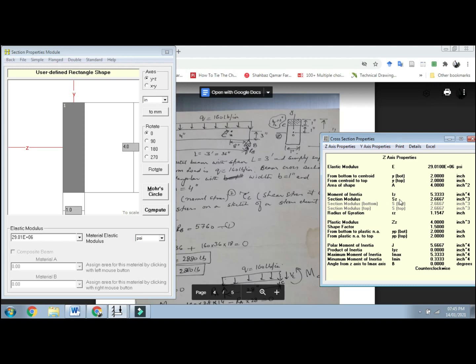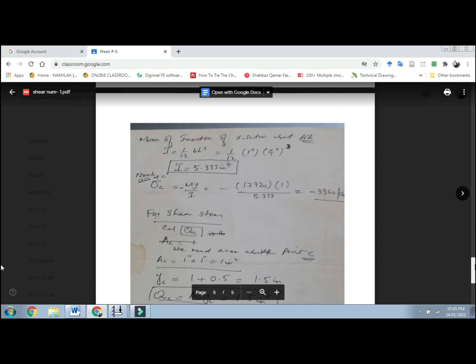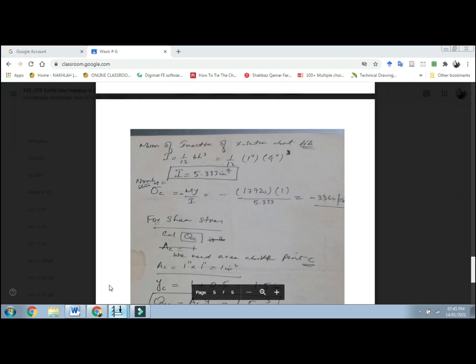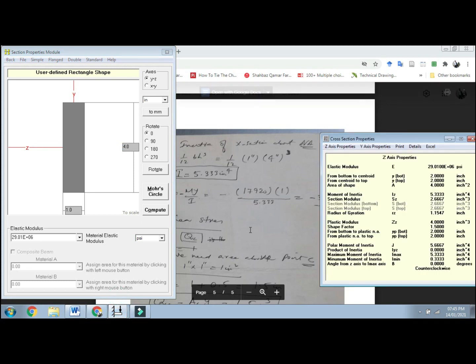The moment of inertia is 5.33 inch^4 and the section modulus is 2.667 inch^3. Here too our moment of inertia was 5.33 inch^4. Now, from a technical point of view, why haven't they put the cross section like this?